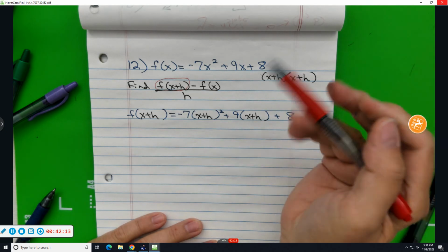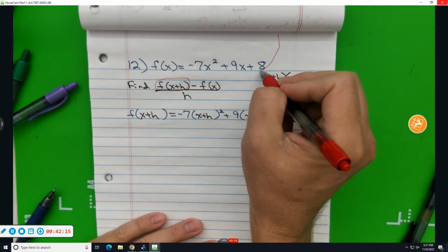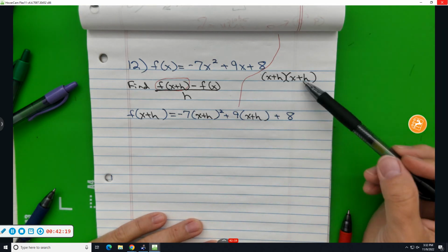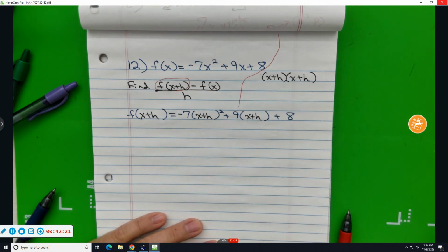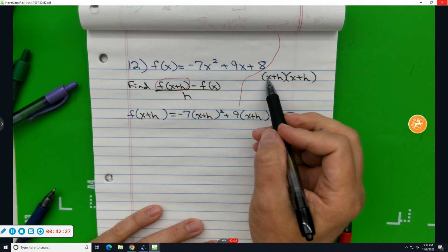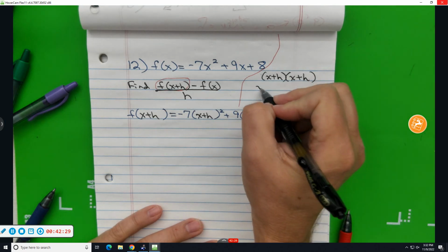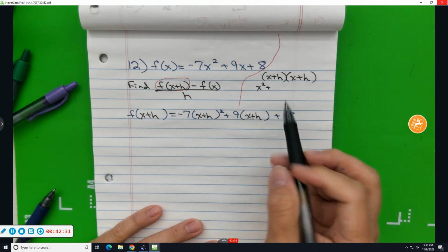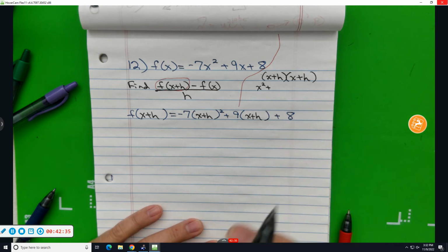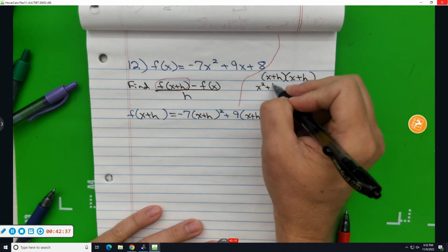So here's my scratch work that I'm doing. Binomial times a binomial. How do we multiply that? 4-letter word starting with f. FOIL. Okay. First times first is x squared. Plus outer, x times h. That's xh. I'm going to write it in alphabetical order, hx.